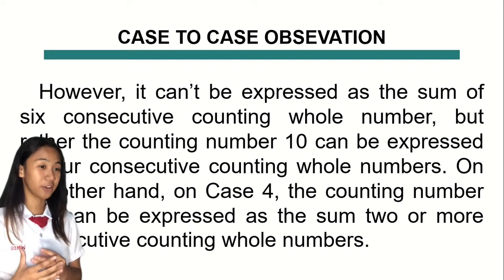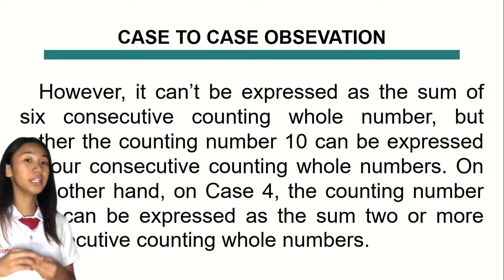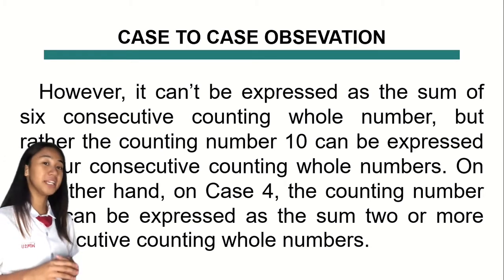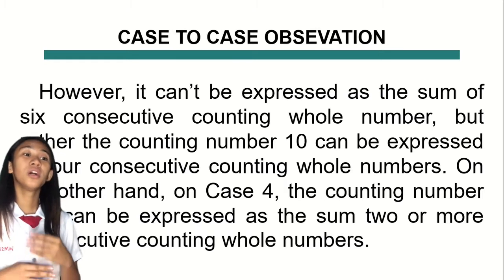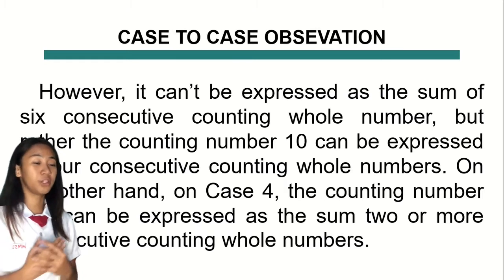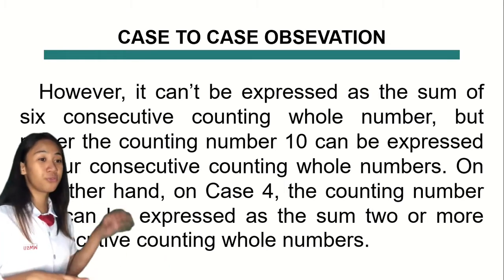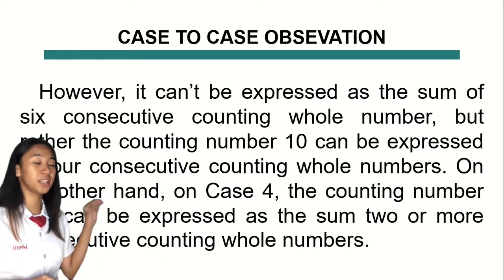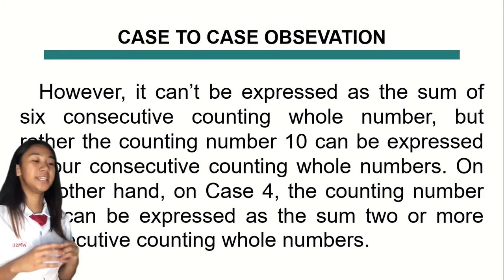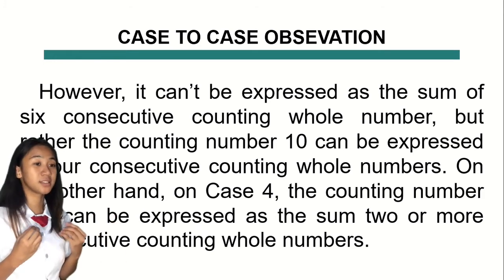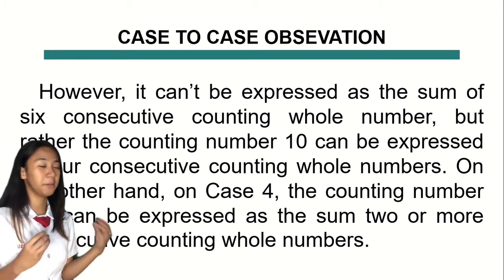On the other hand, on case number 4, the counting number 115 can also be expressed as the sum of 2 or more consecutive counting whole numbers. It can be expressed as the sum of 5 consecutive counting numbers, yet it cannot be expressed as the sum of 7 consecutive counting numbers.